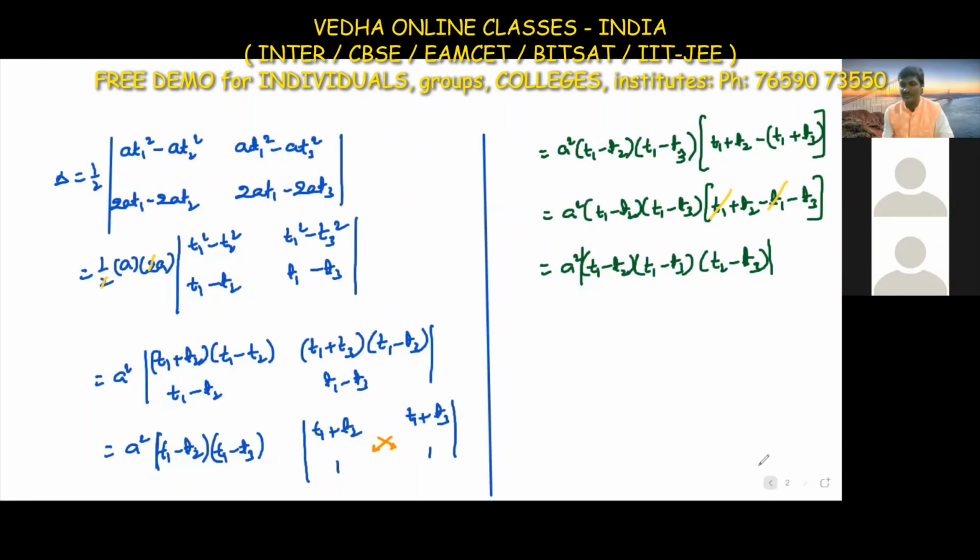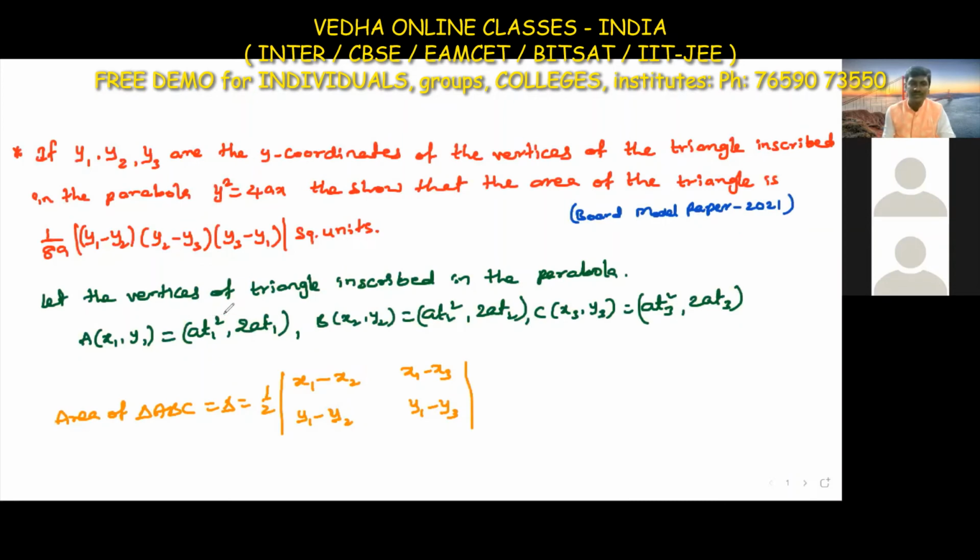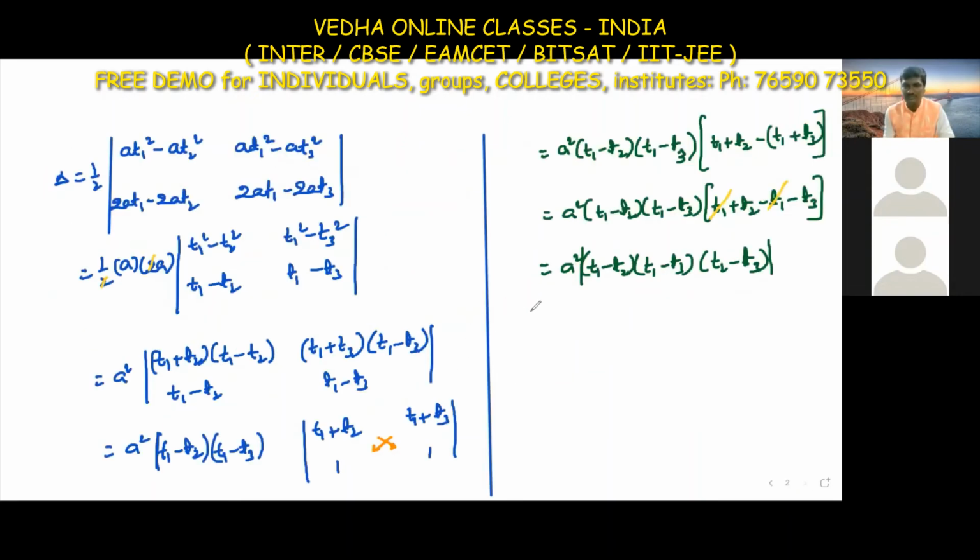Observe the coordinates here. 2a T1 is the value of y1. So y1 equals 2a T1, and this implies T1 equals y1 divided by 2a. This is the value of T1.